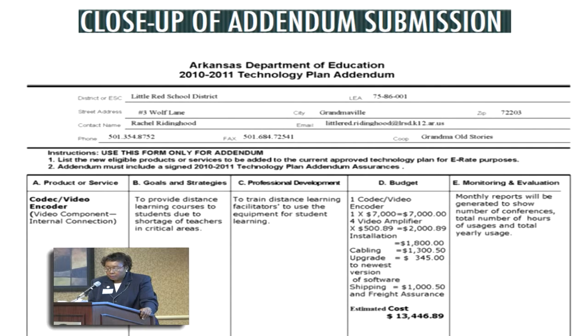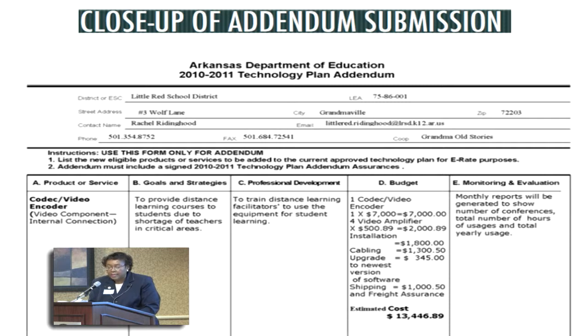What I plan to do is just show you a brief snapshot of the addendum page that you need to fill out. Make sure that all the services and products, costs, and funding sources are incorporated in your local technology plan. All the items must be completed online. You do not send in any type of fax or type it out and send it in.